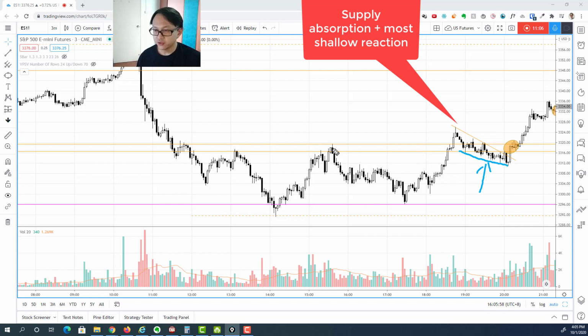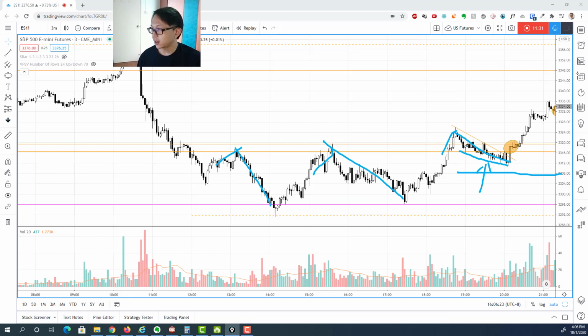Unlike the previous reactions, where price hit the resistance, came down to the bottom, hit the resistance, and came down to the bottom again, this time it hit the resistance, broke out, yet it's actually holding up the gain at the higher ground. Not only did it not touch the halfway range, it actually stayed well above the halfway range. So I think this is a very encouraging sign.